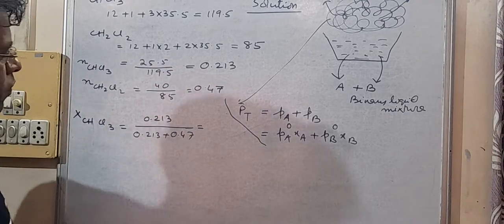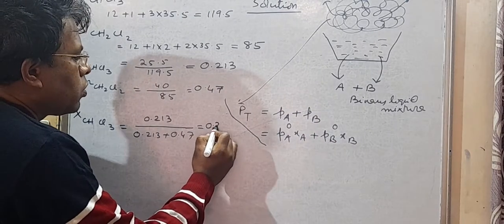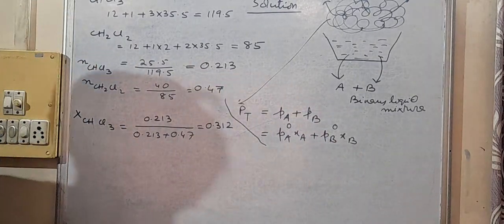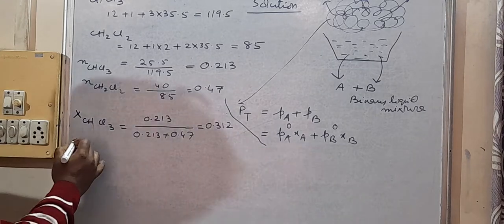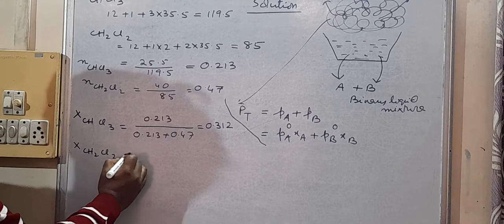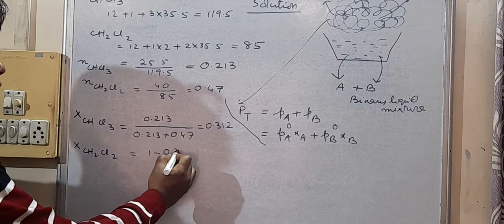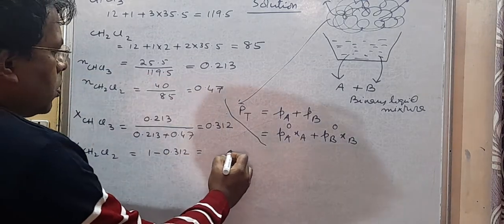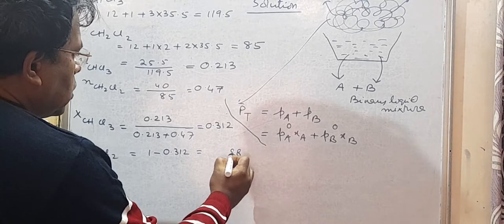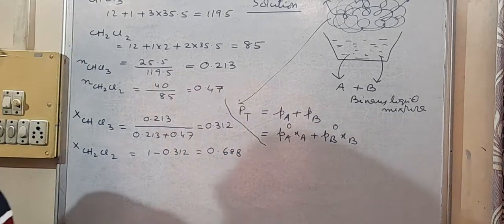On simplifying you will get this answer to be 0.312. And you have to find the mole fraction of the other one also, CH2Cl2. We can do it from here: 1 minus 0.312, that is 0.688.